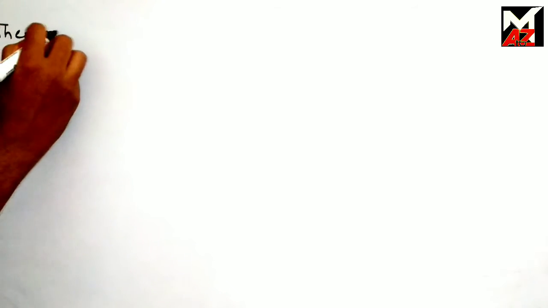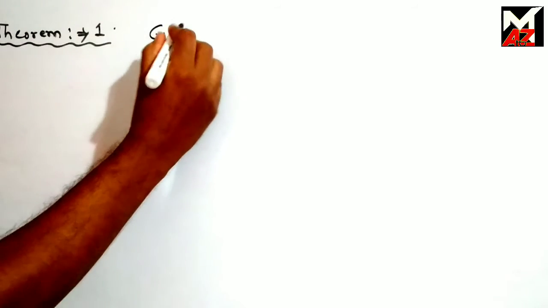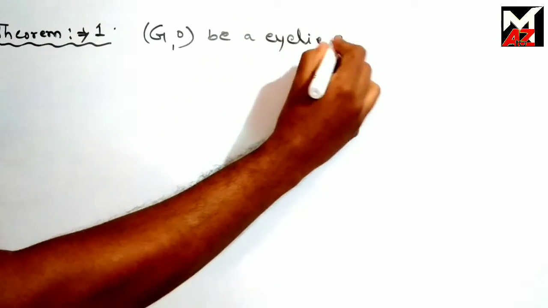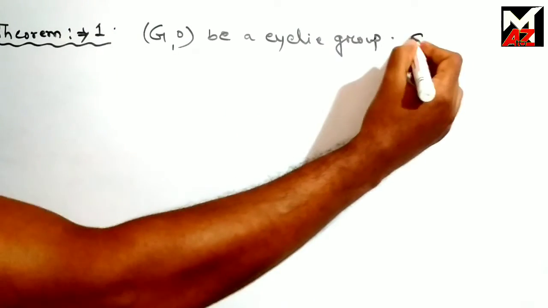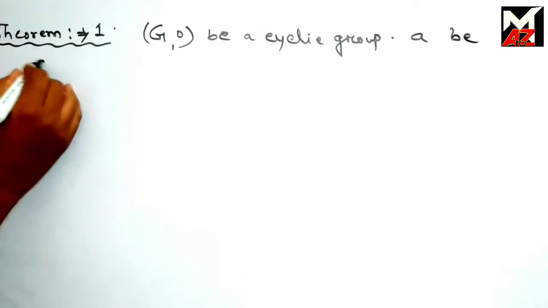Now we go to the first property, or the first theorem on cyclic group. First theorem: let G circle be a cyclic group and a be the generator.